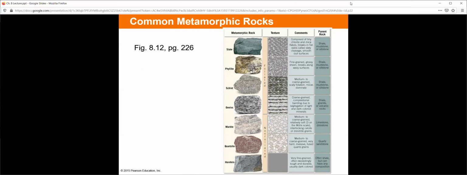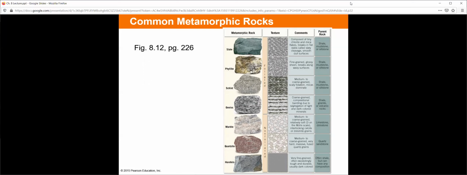Gneiss, of course, with its gneissic texture. Then marble, quartzite, and hornfels are examples of unfoliated rocks. Marble may look like it has some predominant strain to it, and it might because of those pressures, but there's a big difference between marble's apparent foliation and gneiss's directed foliation.